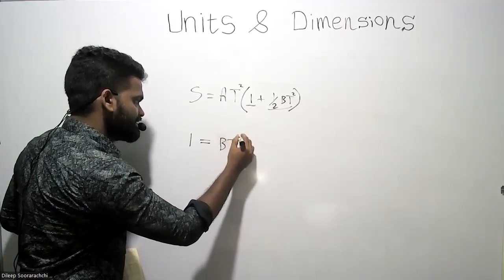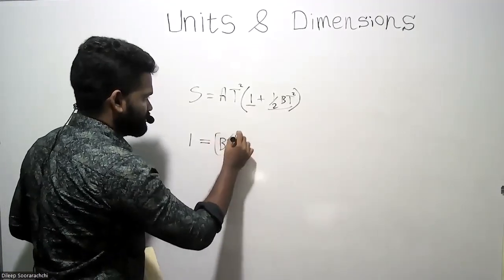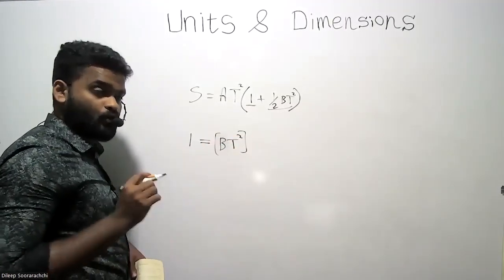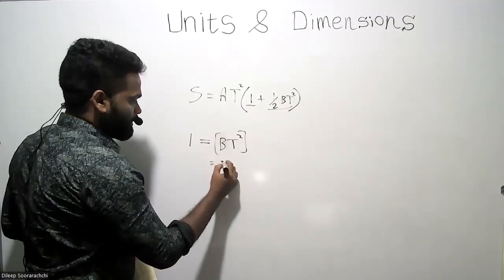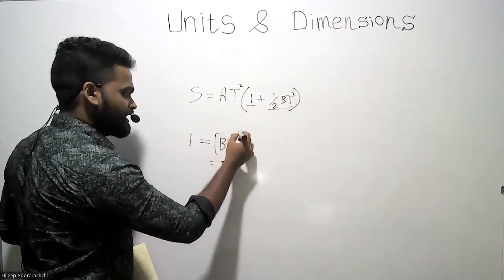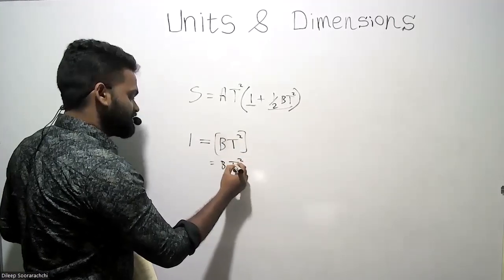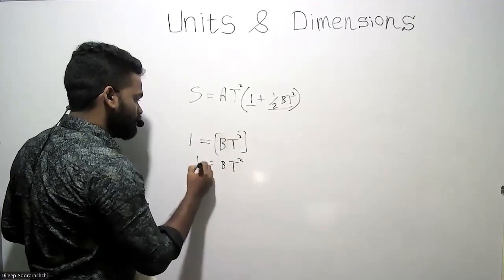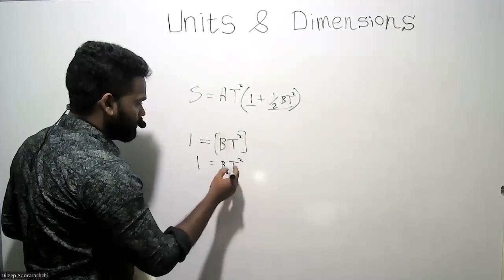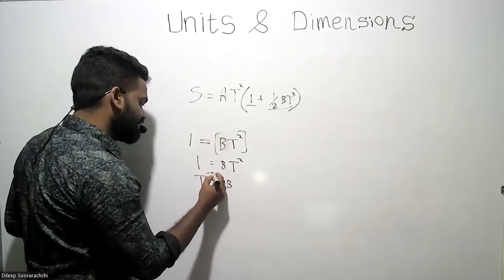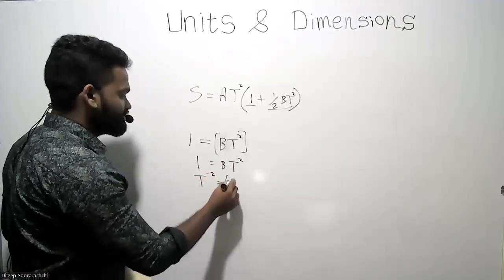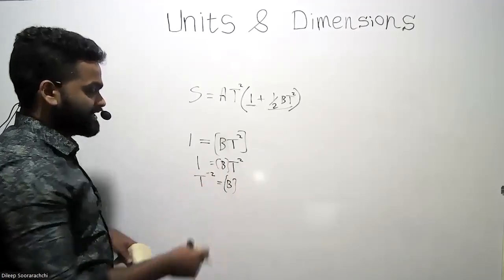Then we have b t squared. Dimensions of b t squared is equal to 1. This is time squared, so the dimensions of b times T squared is 1, so b is 1 over T squared, which gives T to the minus 2. So this is the dimensions of b, that is T to the minus 2.